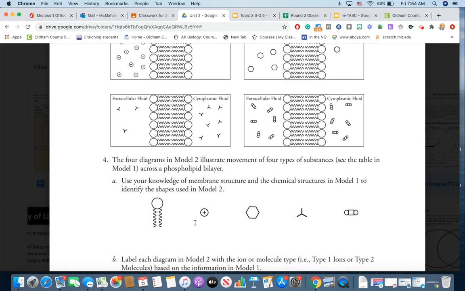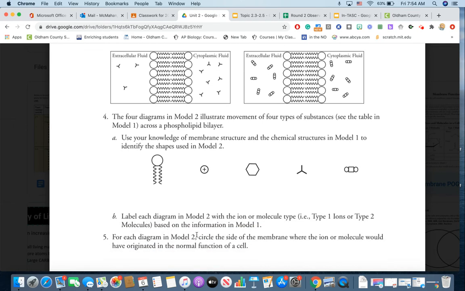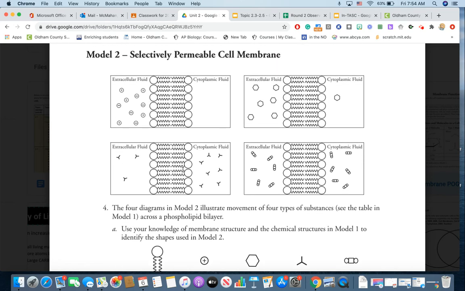So in A, it says identify these shapes: phospholipid, ion, glucose, urea, CO2. B asks you to label each diagram with the type that we see. So that would be coming up here and identifying this. Here's a bunch of ions: type 1, type 2, type 3 molecules, and type 4.